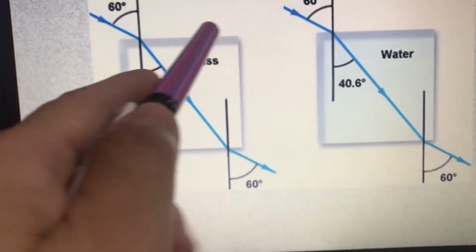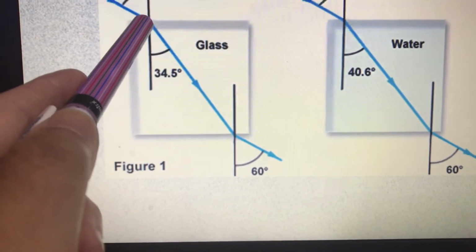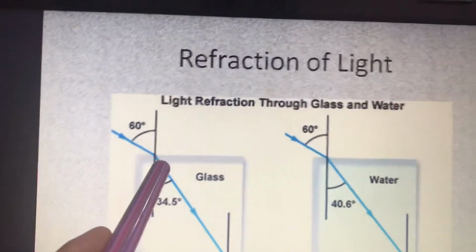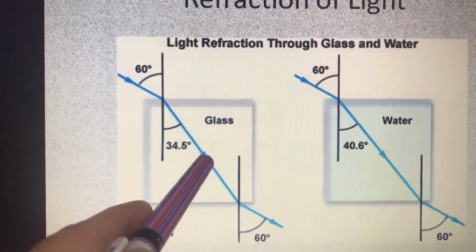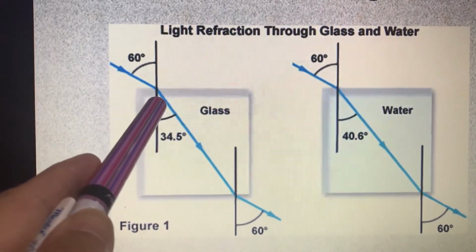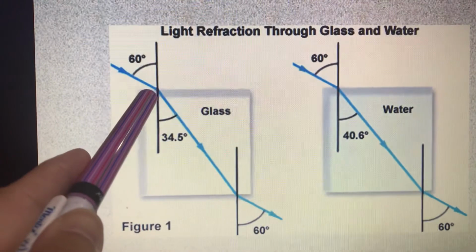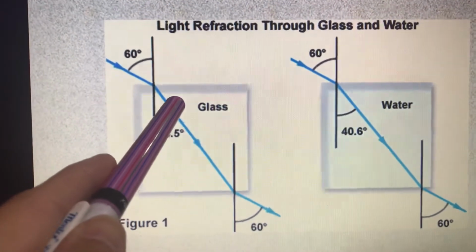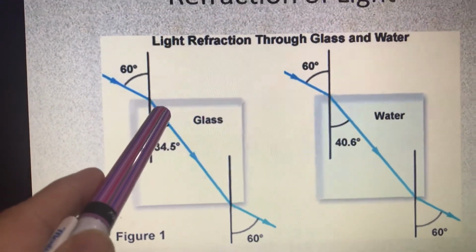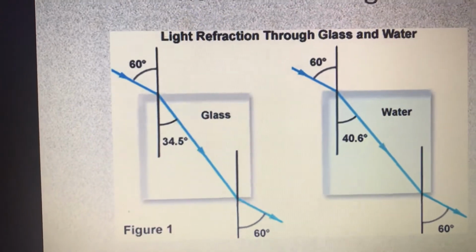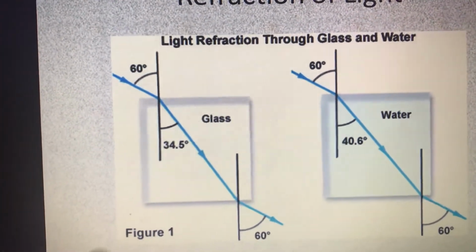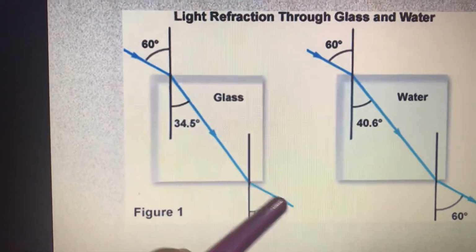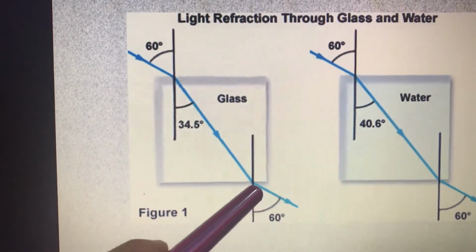At this interface the ray of light will change its direction. It bends. So this bending of a ray of light at the interface between the two surfaces is known as refraction of light. Again here you can see, when the medium changes, it bends.